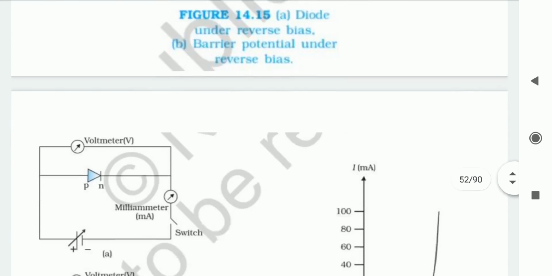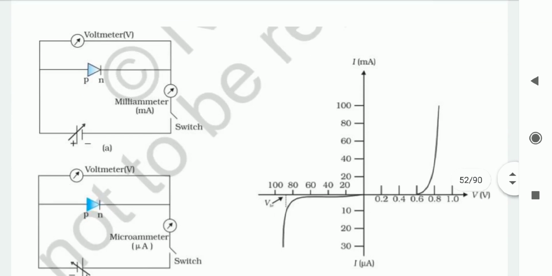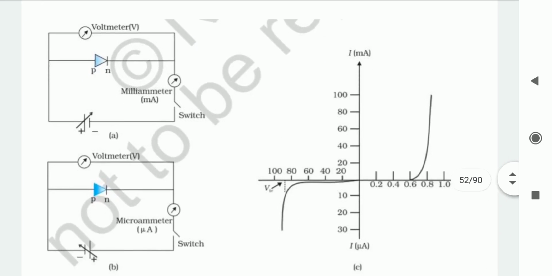Now let us understand its VI characteristic. Here the circuit arrangement is defined in diagram A, as the diode is in forward bias condition. So a battery is connected across the diode, which is connected with a potentiometer to vary the given supply voltage.